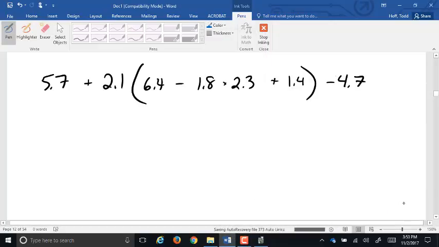So we have parentheses here, so obviously we're going to start there. In the parentheses, what do we need to do first? Multiplication, good. What is the 1.8 times 2.3? 4.14, good.